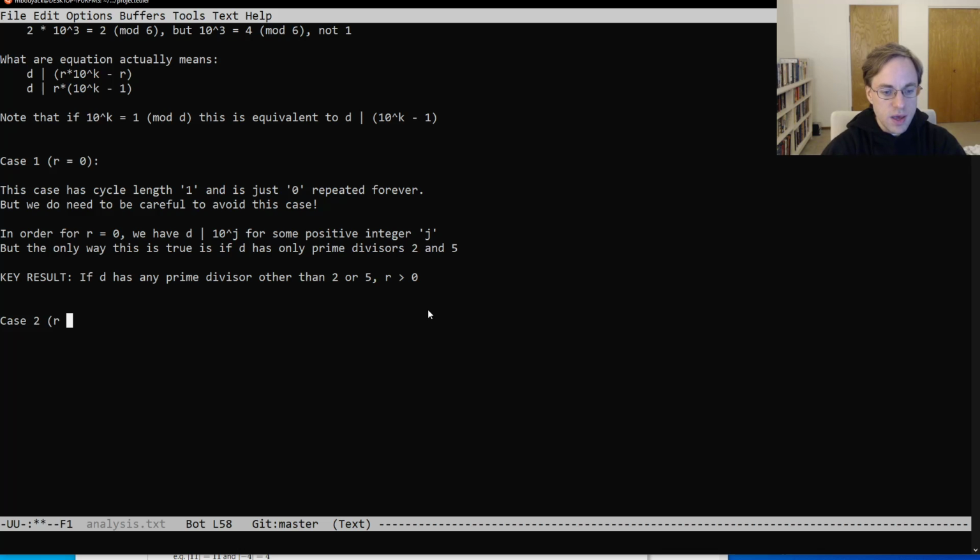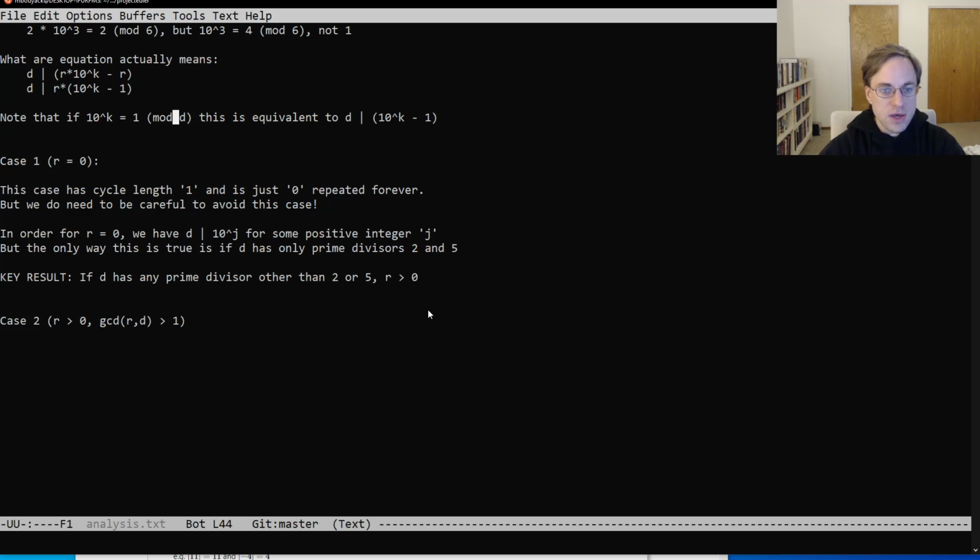Okay, so now let's look at case number 2. And this is going to be r greater than 0, but greatest common divisor of r and d greater than 1. So why did I add this extra condition here on the end?